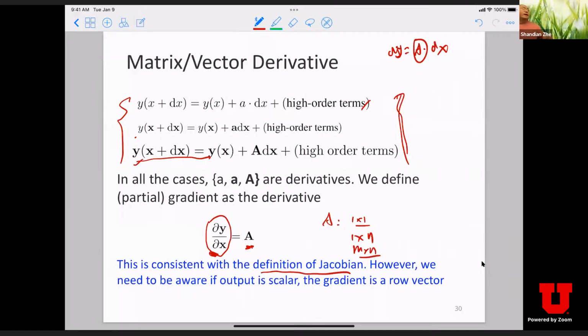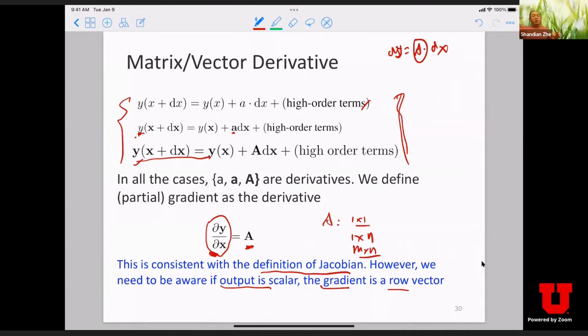And you will see that it's usually very convenient when applied to composite functions, because you can apply the chain rule from left to right, which is very natural for human beings. There's only one thing you might feel uncomfortable with: if your output is a scalar, then the gradient is a row vector, as we just mentioned. If y here is a scalar, A must be a row vector.